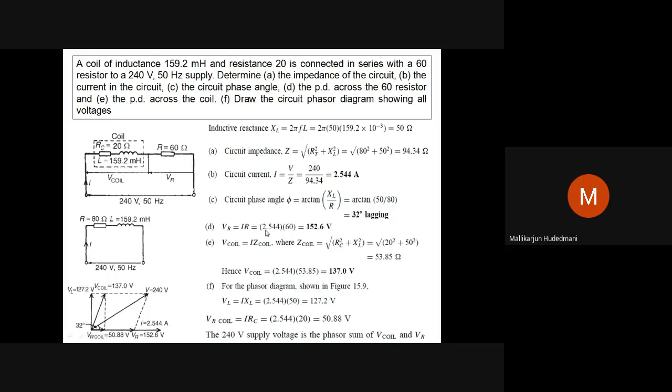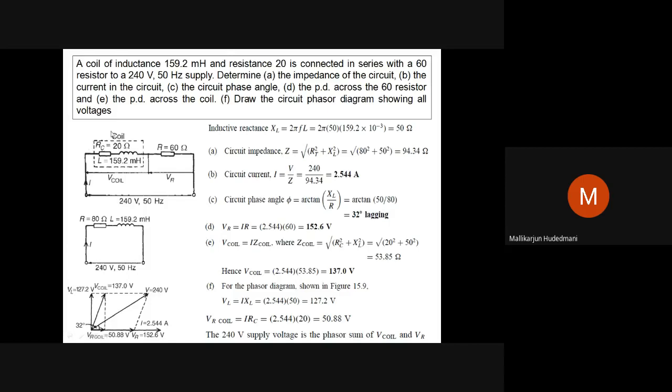Then what is the voltage across the resistor? There are two resistors. One is impure, another is a pure resistor. So the voltage across the pure resistor is VR. VR is I into R. If I take the product, 152.6 volt results. Then what is the voltage across the coil? I into the impedance of the coil.